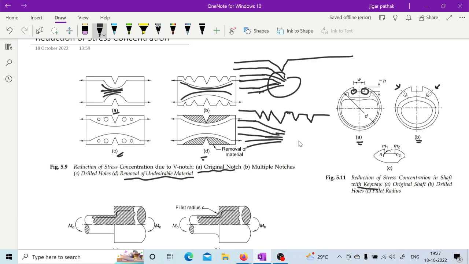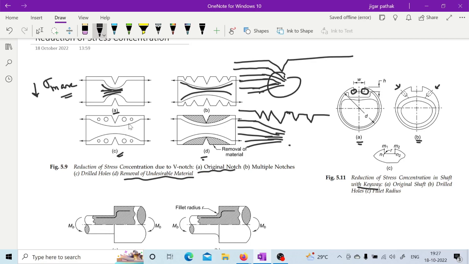Yes, sir. Sir, one question: by providing more notches, the material may become weak. That may happen, but see, our main aim is to reduce the maximum stress generated. If the maximum stress generated can be reduced by providing this hole, then the material is not going to undergo yielding or fracture.